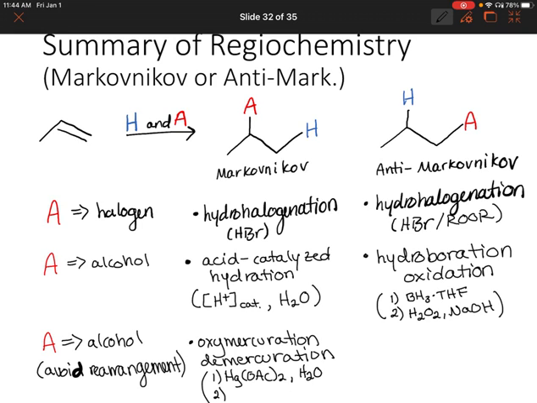And then second, we use NaBH4, sodium borohydride, and that's going to remove the mercury group. Okay.